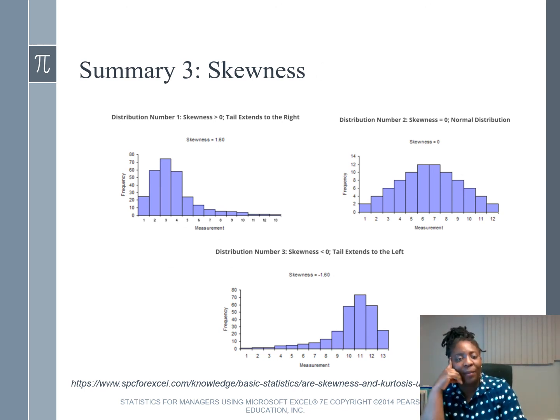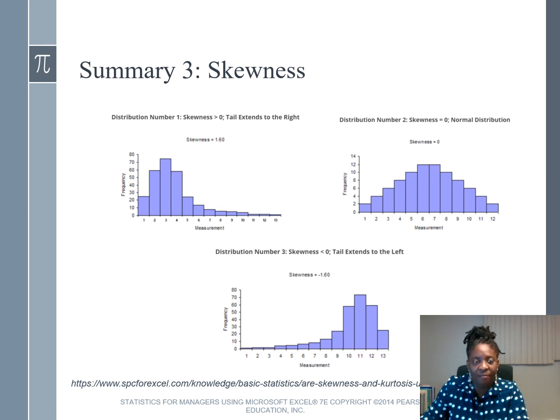We also talked about measures of distribution. One was skewness. This is a histogram of different types of data. Here, the data is right skewed or positively skewed. Here, data is symmetric, you can see. And down here, data is negatively skewed or left skewed.